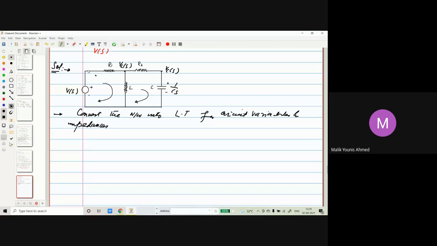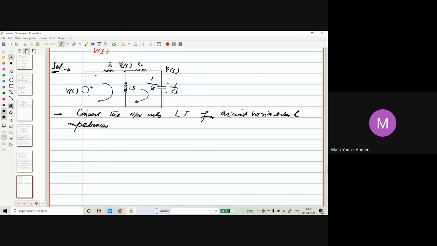Similarly, this is V of S here. You can write this is VL of S, and this will be L of S. This will be 1 by C of S. So this is the Laplace transform. We have converted all the variables and then impedances into the circuit elements. Basically, whatever circuit elements are present, we have to convert them into equivalent Laplace transform values.